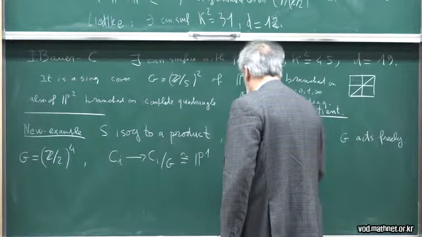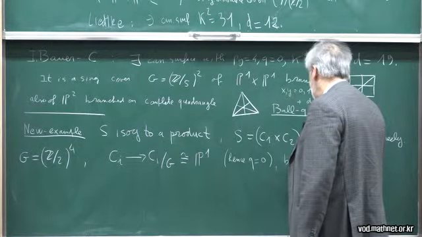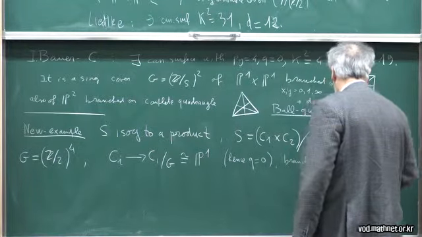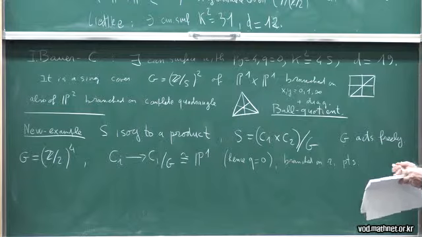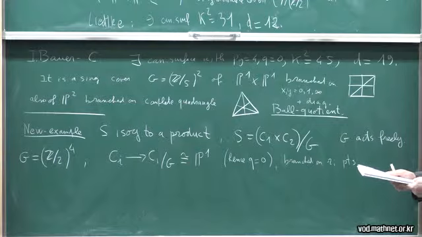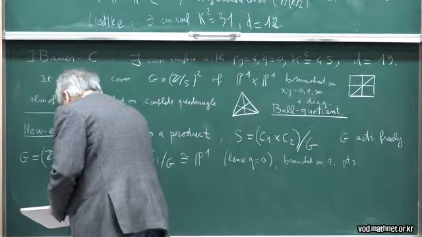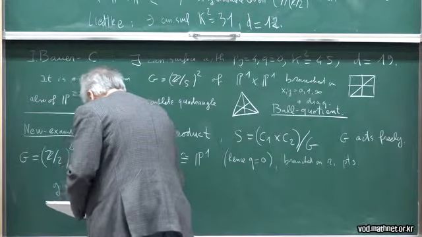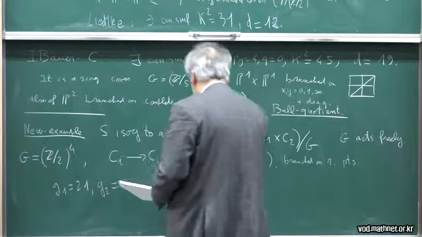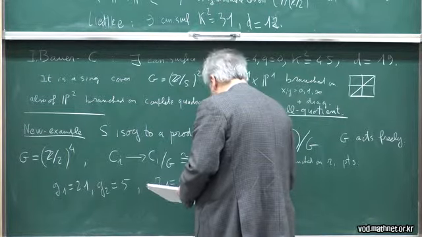Hence, there are no invariant differential forms, and this is branched on Ri points. And now there is some numerical formula, and we want g1 is 21, g2 is 5, R1 is 9, so the first is branched in 9 points, and the second is branched in 5 points.